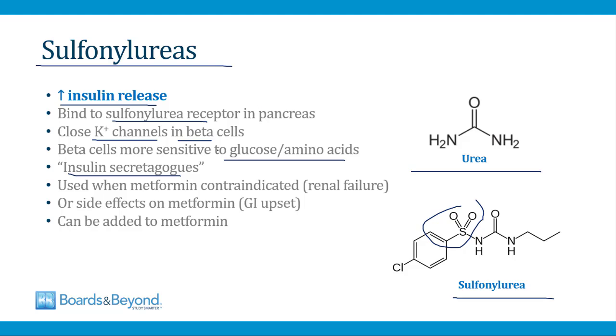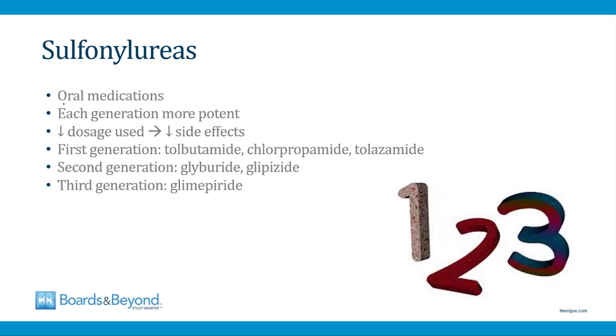And sulfonylureas are often used when metformin is contraindicated, for example, in patients who have renal failure, or when patients have side effects from metformin that are intolerable, like GI upset. And you can also add sulfonylureas to metformin as a second agent if patients aren't able to achieve their target A1C on metformin alone. All of the sulfonylureas are oral medications, and they're broken up into generations, and each generation of drugs is more potent than the one that came before it.